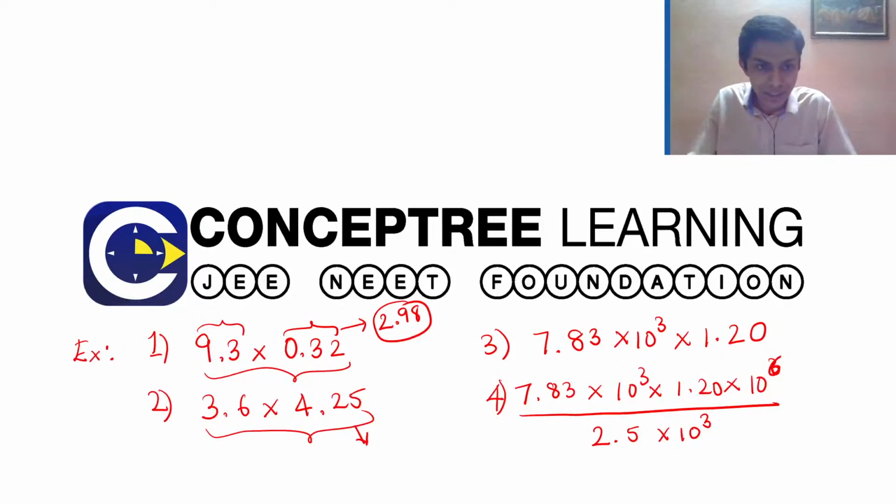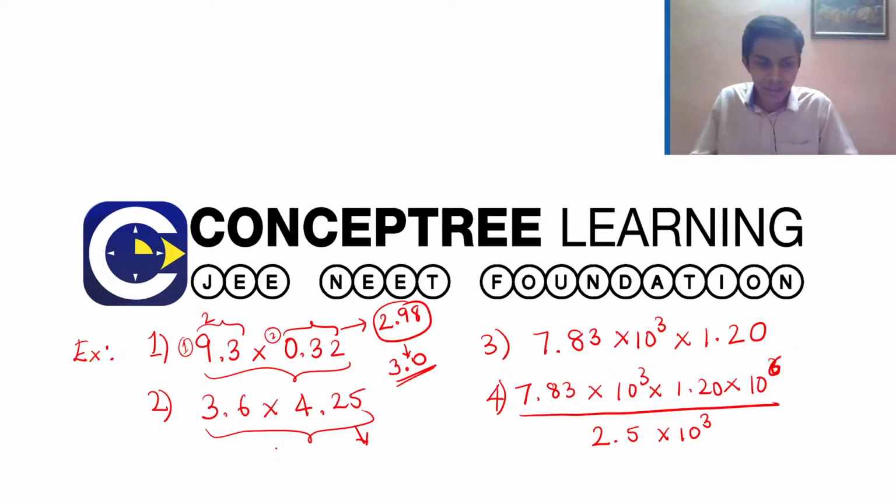Which one has? First or second? First one, right? So this has two significant figures. So the answer should have two significant figures, which is 3.0. Okay, should be 3.0.